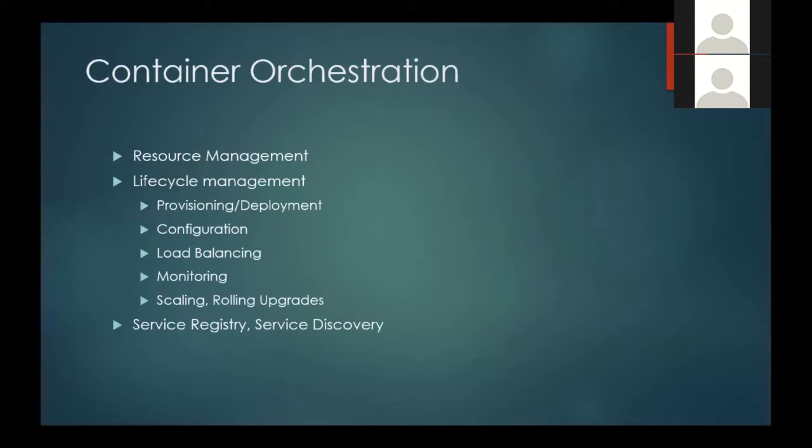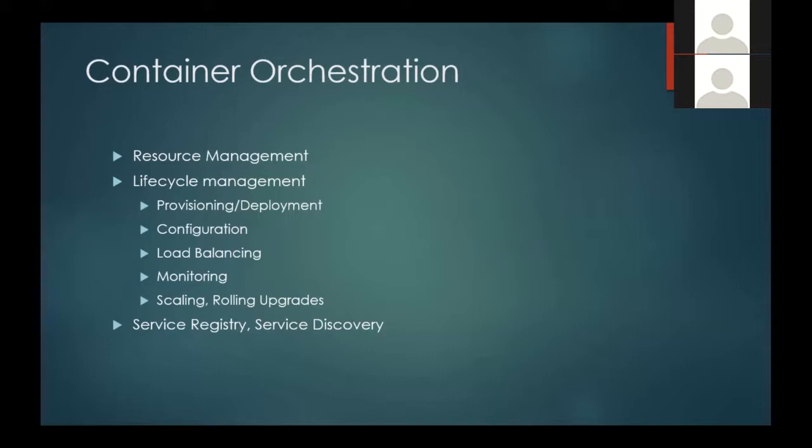The other thing that CaaS providers give us is that they help us orchestrate our containers through container orchestration. What this means is that they'll help us with our resource management, our lifecycle management, and our service registry and discovery.